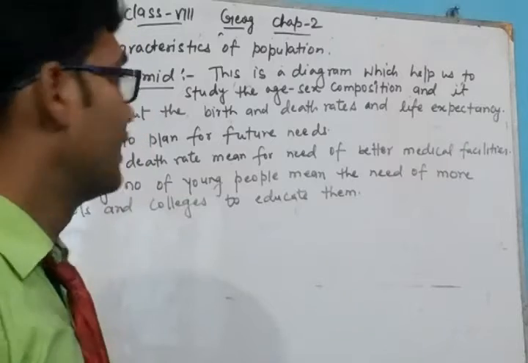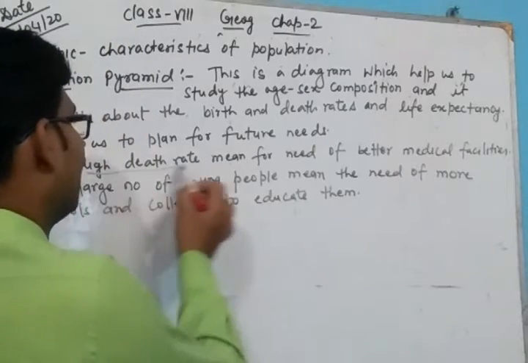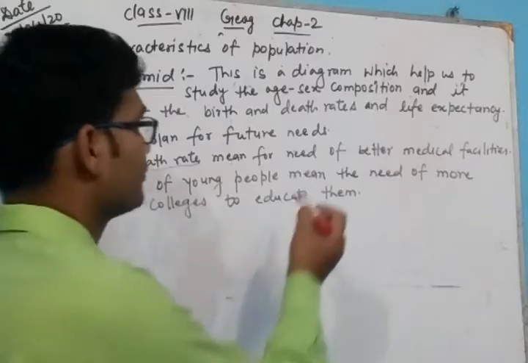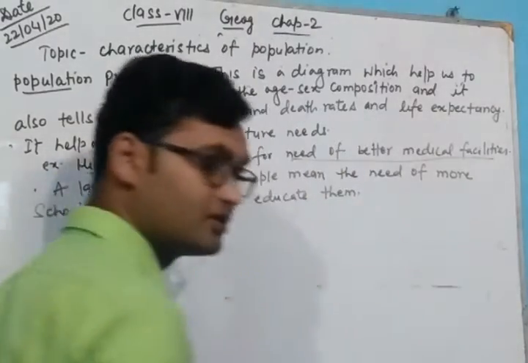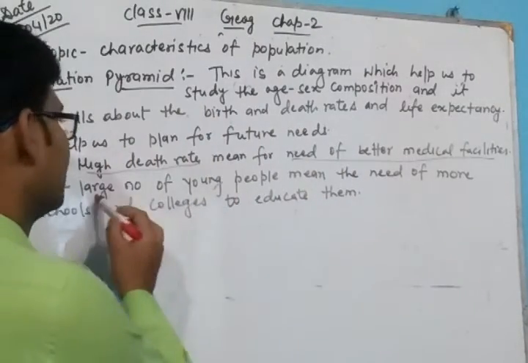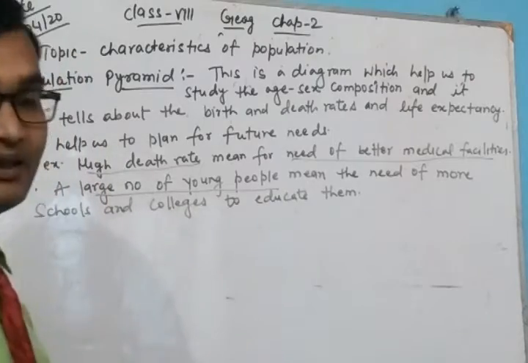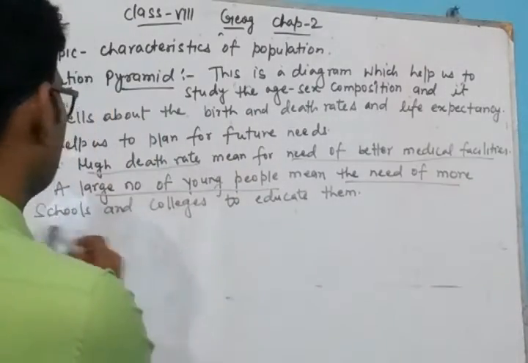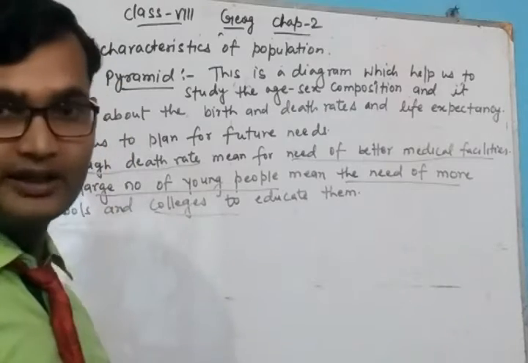For example, if there is a high death rate, it means there is a need for better medical facilities. If there are a large number of young people, it means there is a need for more schools and colleges to educate them.